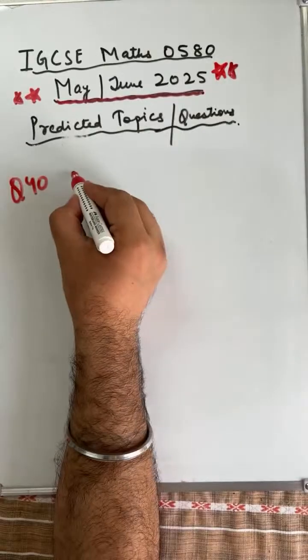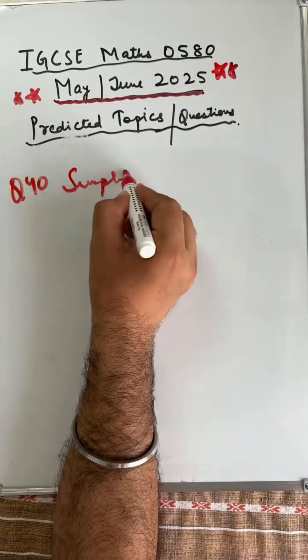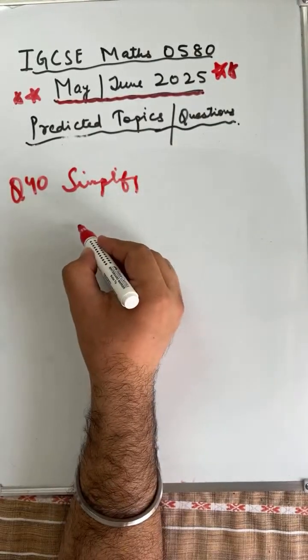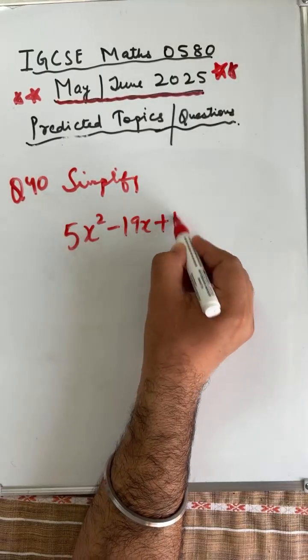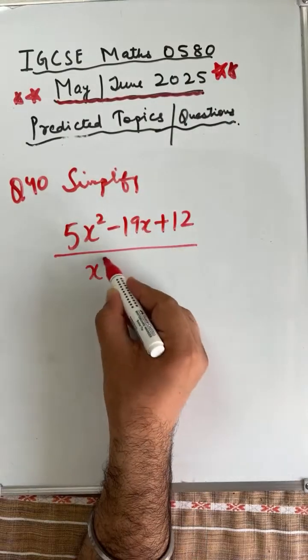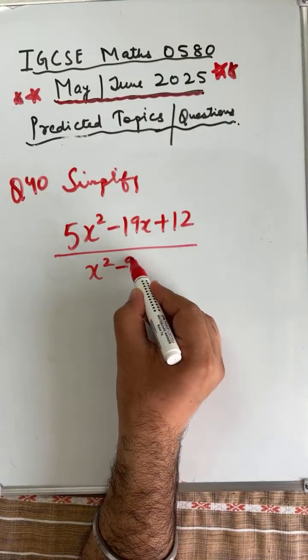Question number 40. Simplify 5x square minus 19x plus 12 upon x square minus 9.